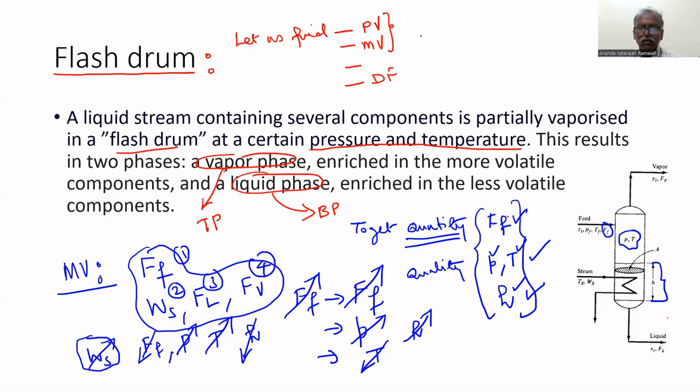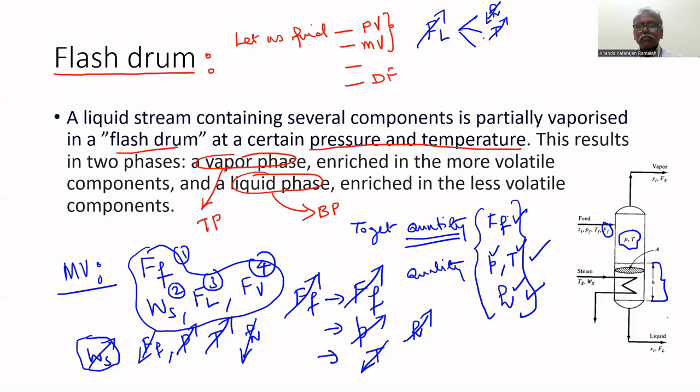Then the third case is FL. If you manipulate FL, what all will happen? H will vary. If you increase FL, H will decrease. As H decreases, temperature will increase, because for less quantity of liquid we are supplying the same steam.